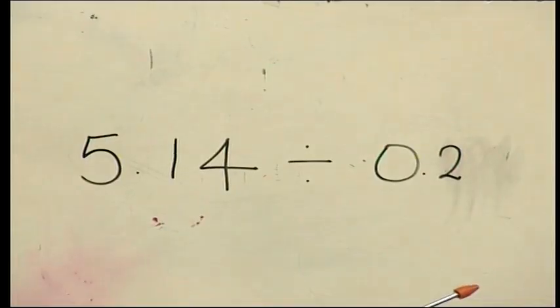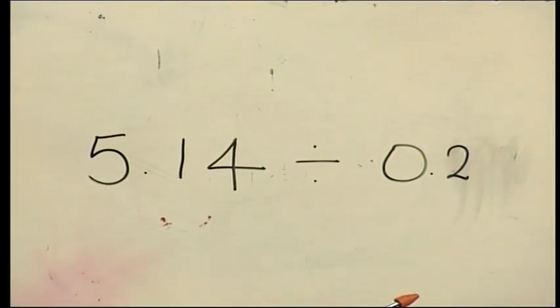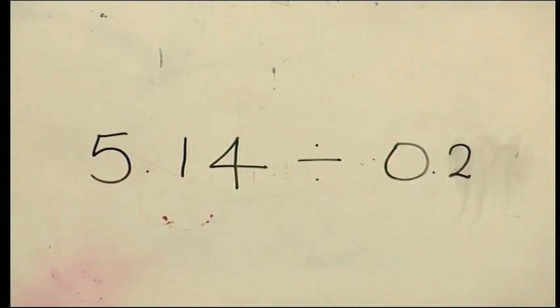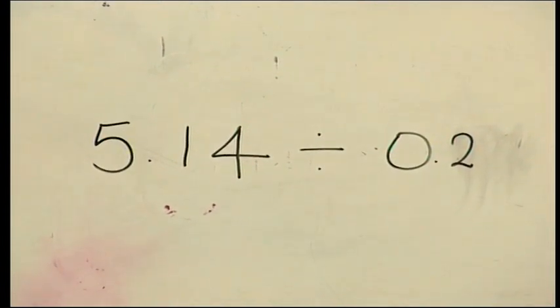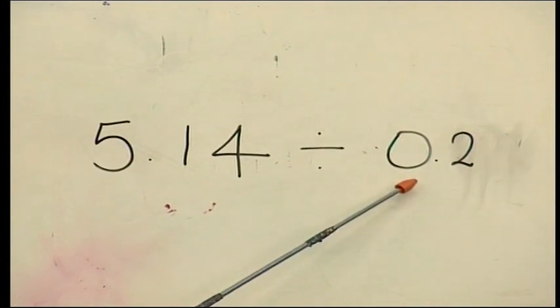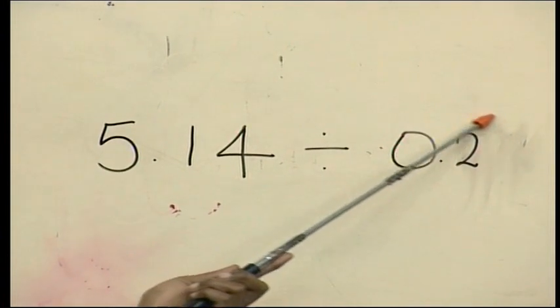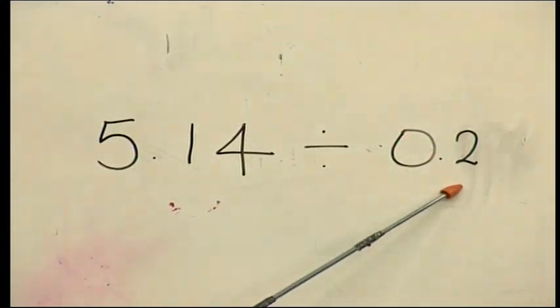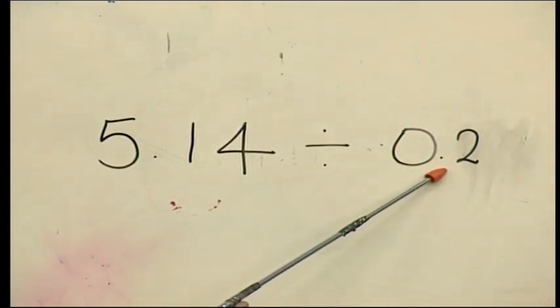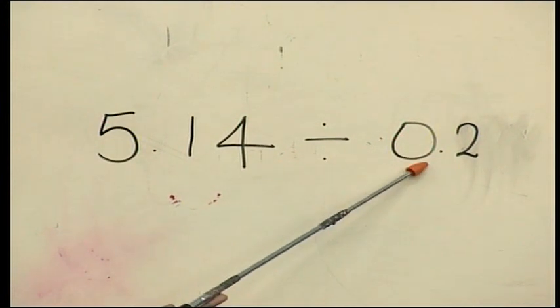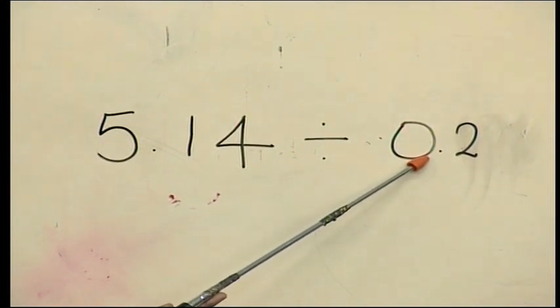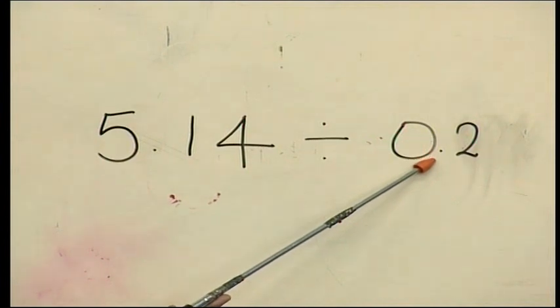Move the decimal point. Okay, good, Evelyn. You only said move the decimal point. How many times will I move the decimal point? Or before that, I have to change the divisor into what? Okay, now you are talking. Change the divisor into a whole number, right, receiving students?